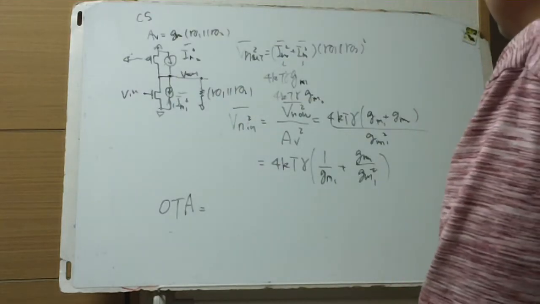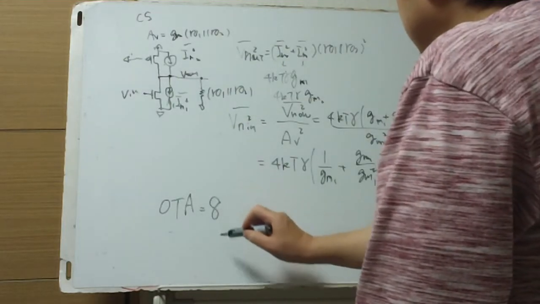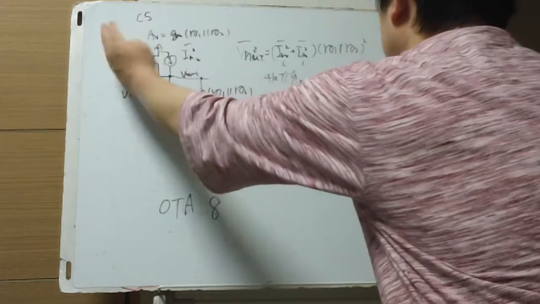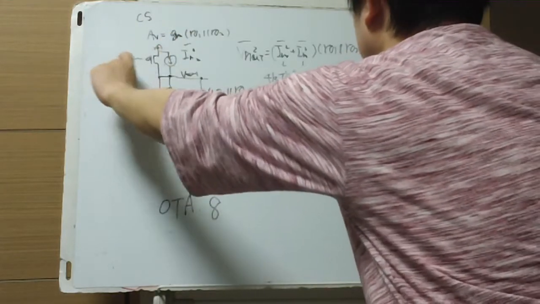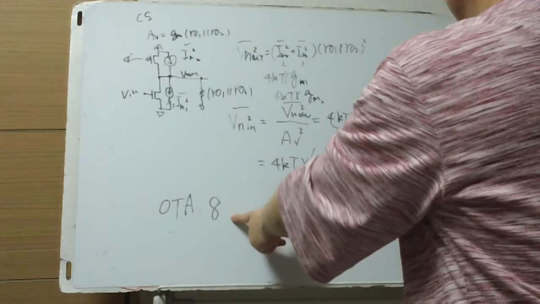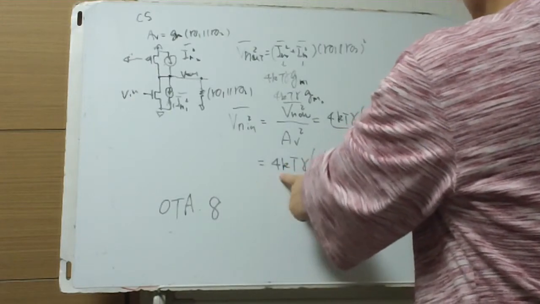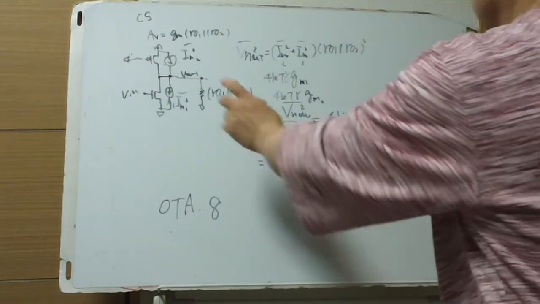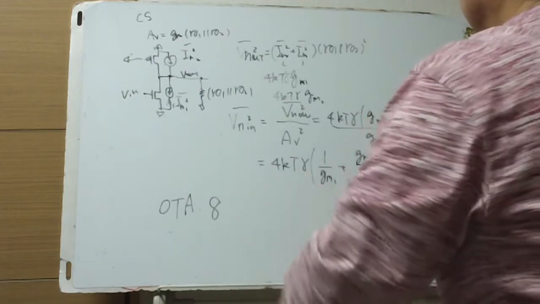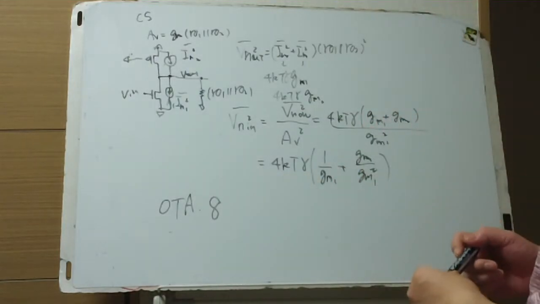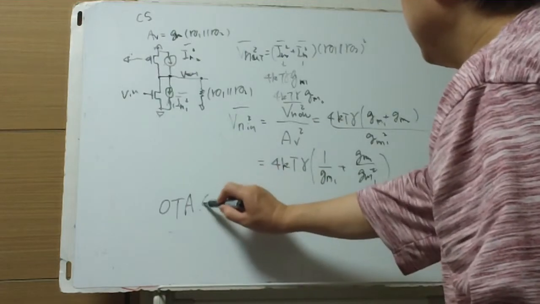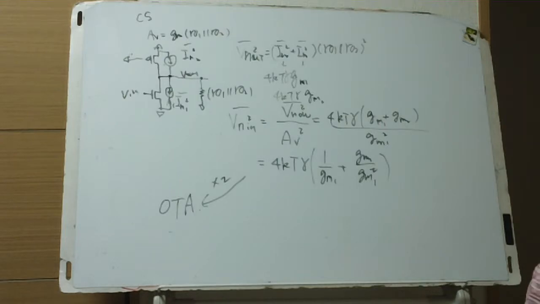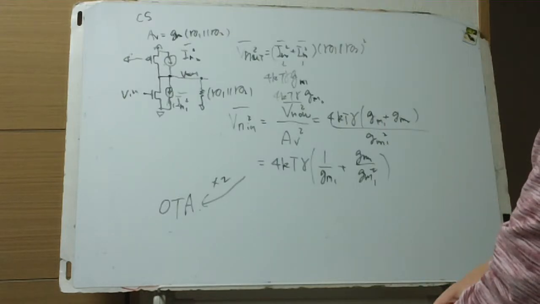The similarity and the difference is just that the constant factor is doubled. Like current mirrors, one branch is 4kT gamma times (1 over gm1) times (gm1 plus gm2 divided by gm1). For two branches, this is doubled, 8kT gamma. So it is easy to remember, but the derivation is different.